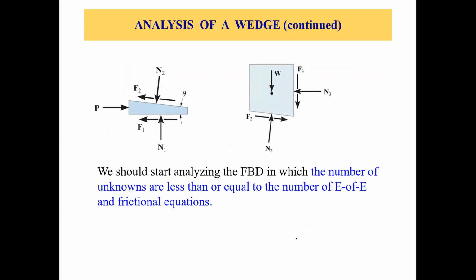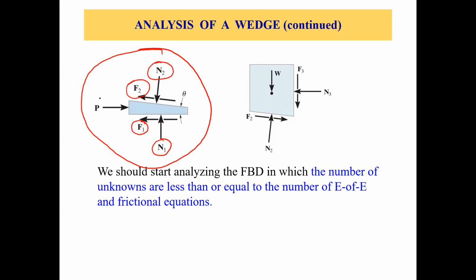So we need to see in which free body diagram we have fewer unknowns. On the free body diagram of the wedge, we have 1 unknown, 2, 3, 4, and 5. So we have 5 unknowns in this free body diagram.